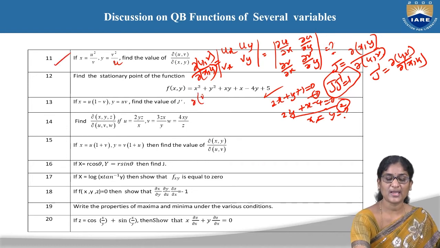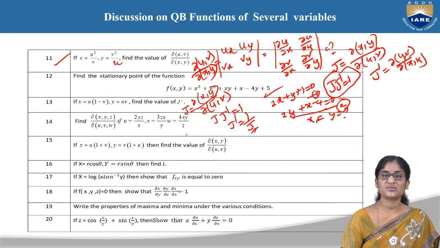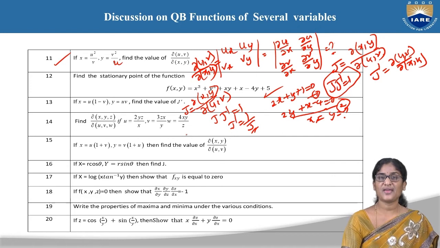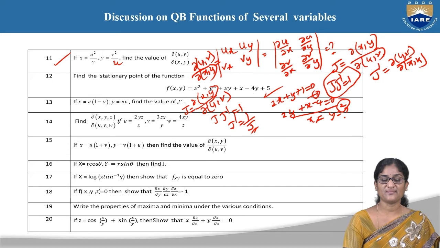First we'll find out dou of x comma y with respect to dou of u comma v, and we represent it as j, and since j into j dash is equal to 1, reverse the answer, whatever you have got, we'll get the j dash. J dash is equal to 1 by j. So find out the first order partial derivatives of x with respect to u, v and y with respect to u and v, then take the matrix determinant to get the j dash value.